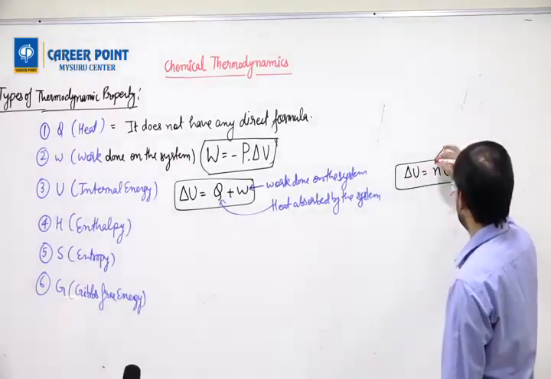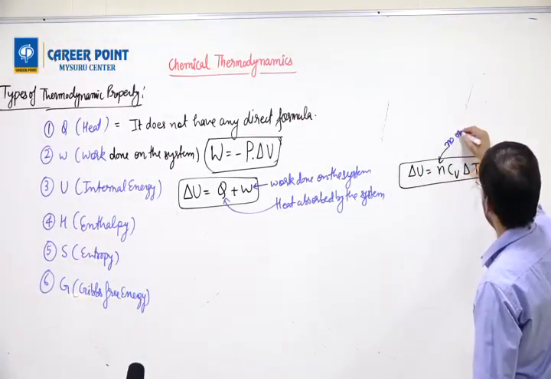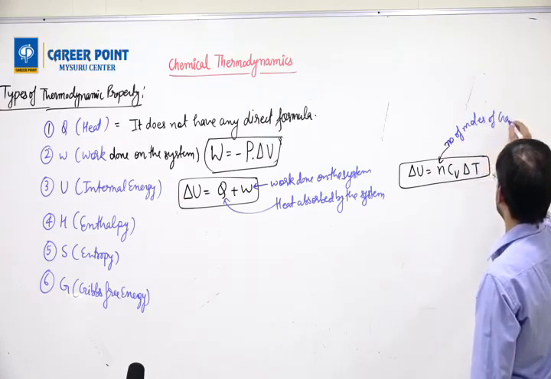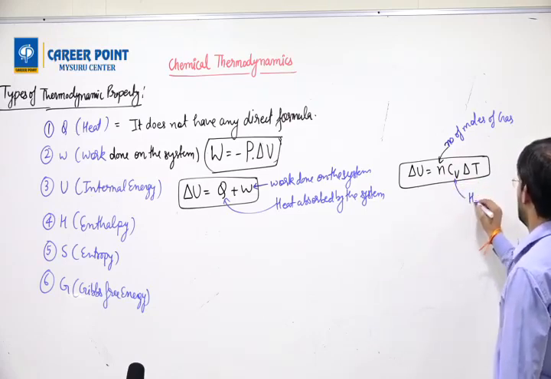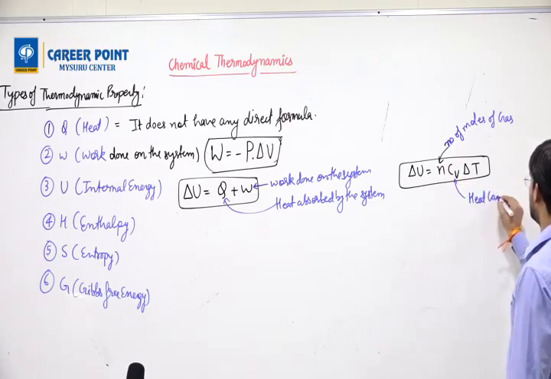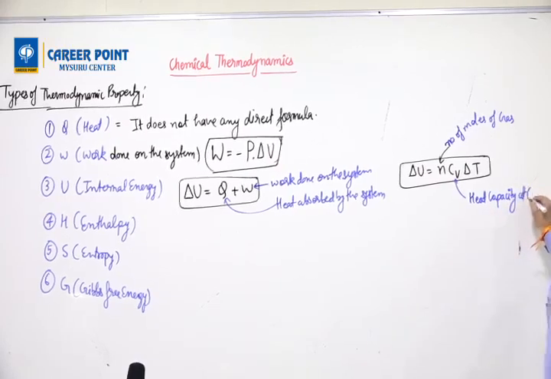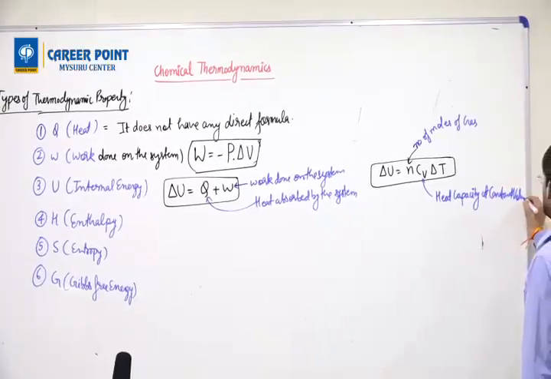What is N? N is the number of moles of gas. What is CV? CV is heat capacity at constant volume.